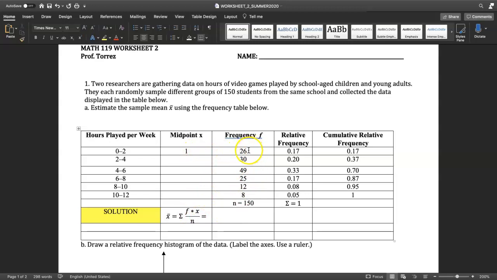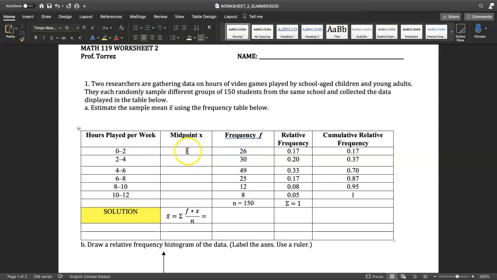We don't have the 26 data values up here, do we? We just know that there were 26 values out of the 150 that fell in this range between 0 hours and 2 hours. Okay, so we don't have that data, but we're going to use 1 as a surrogate for all 26 of those data values.